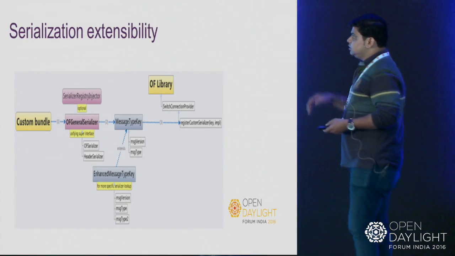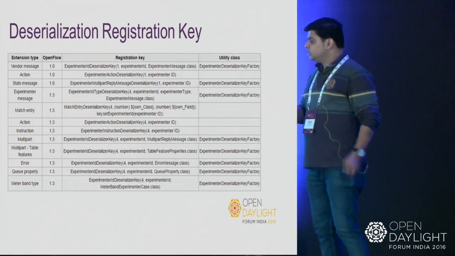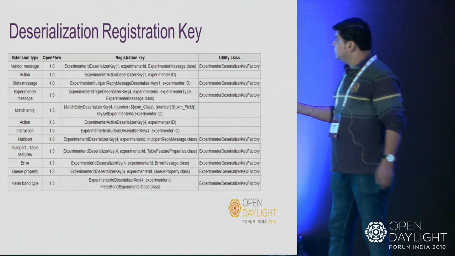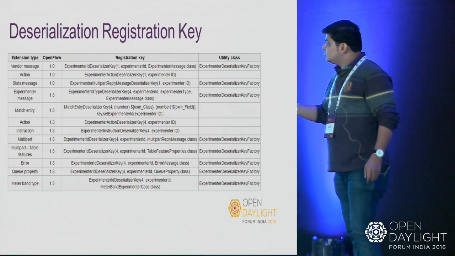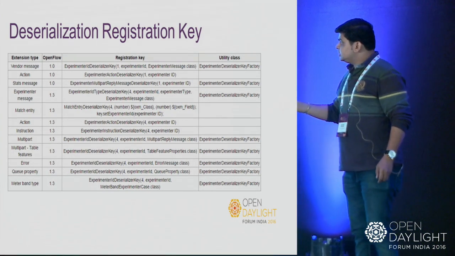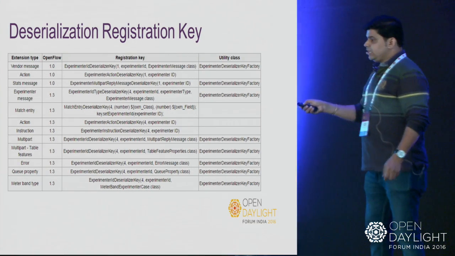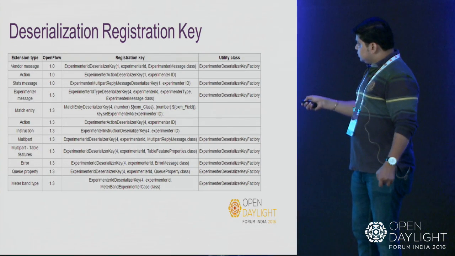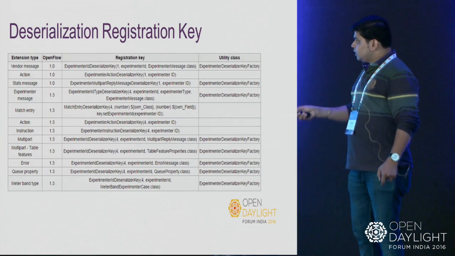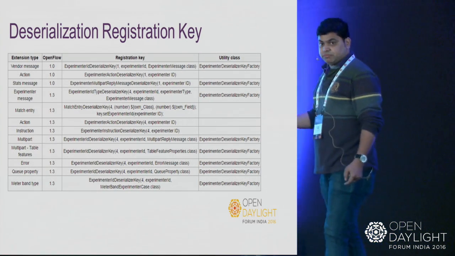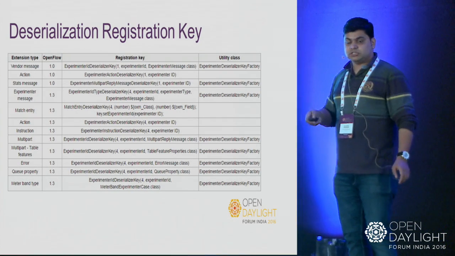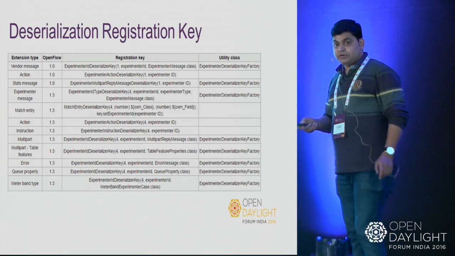So this is what I was saying, the key part. For now we are dealing with the experimenter message. Based on the extension, the syntax for preparing the key and the utility class used will differ. In the starting, we had what all is supported by the experimenter framework.